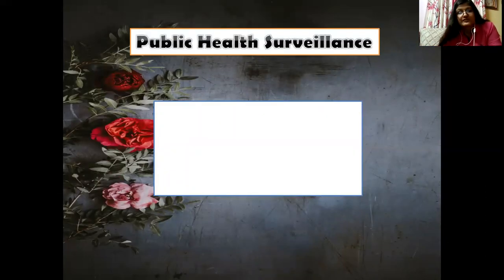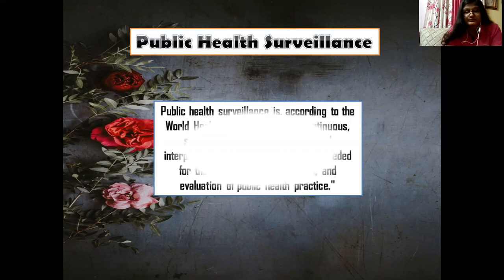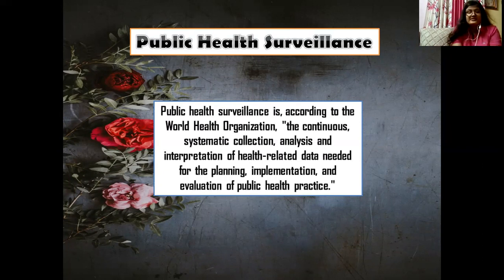At first, we are going to discuss public health surveillance. According to the World Health Organization, public health surveillance is the continuous systematic collection, analysis, and interpretation of health-related data needed for the planning, implementation, and evaluation of public health practice.